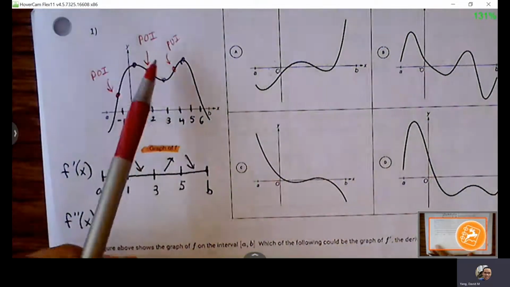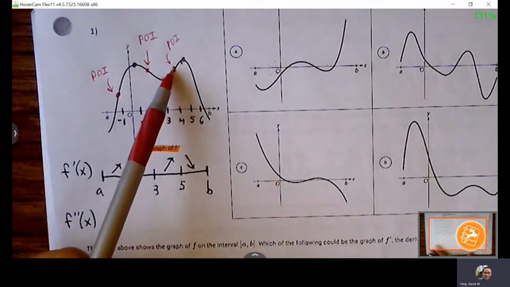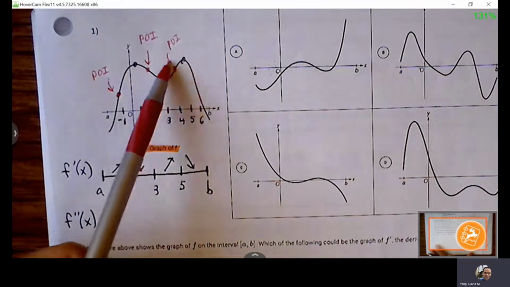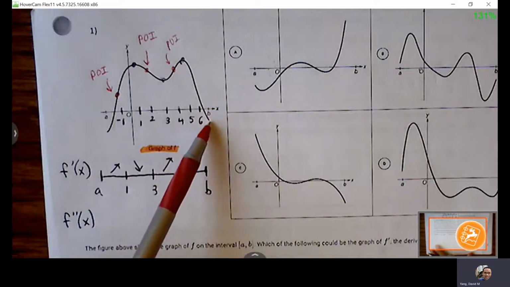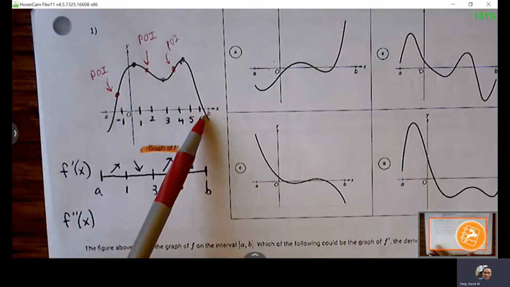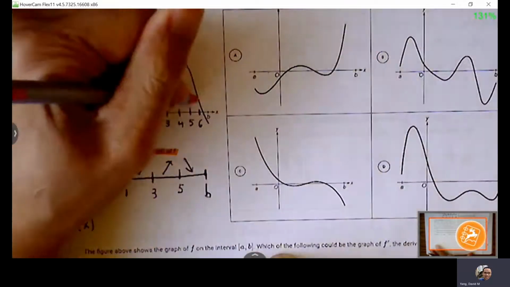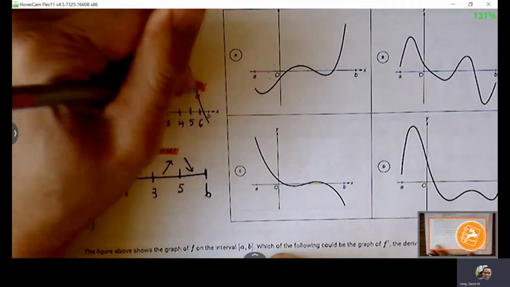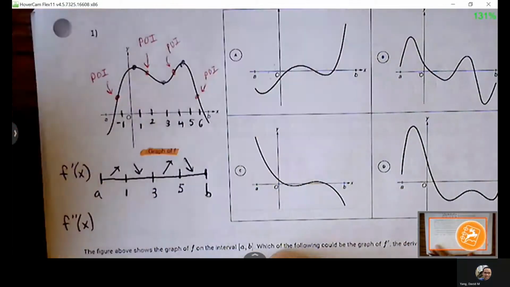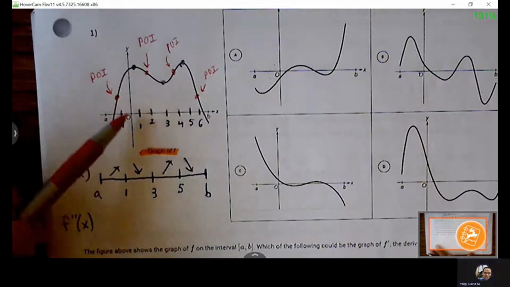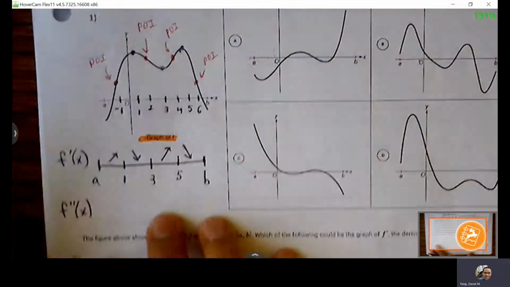This is also very hard to see. This is obviously concave down, but then you see how this curvature is turning its way into concave up. So I know that there must be a point of inflection here as well.